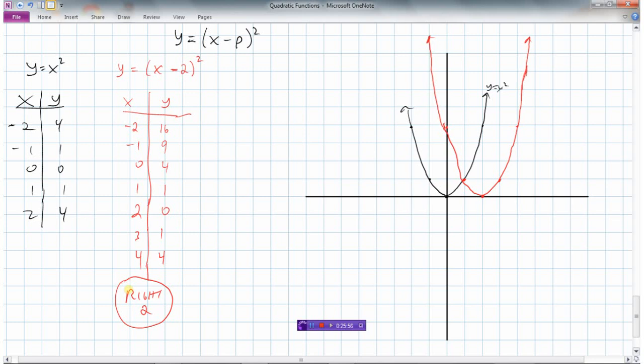So I would assume that if we did x plus 2, let's do that in a different color, blue.